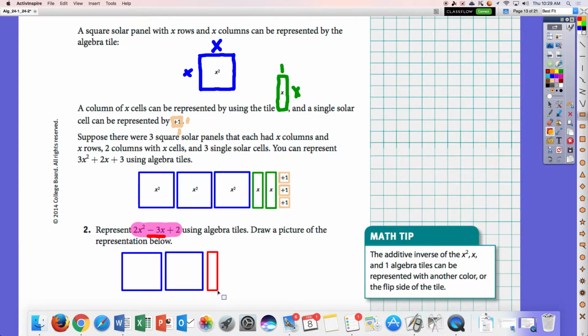So we are still using the long rectangles, however, they should be placed on the red side facing up, with our plus 2 at the very end. So again, take a moment to use your algebra tiles and colored pencils available to you at your desk to draw the representation. You could go ahead and pause the video at this time.